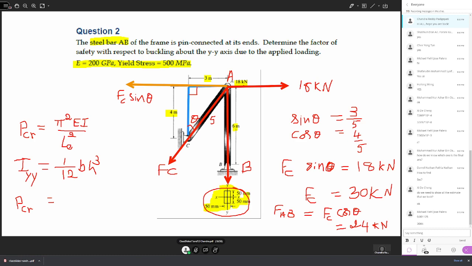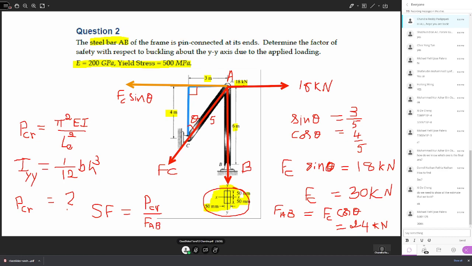So once you know P critical, then you can calculate the safety factor. So the safety factor SF will be your P critical, that means the load at which the column buckles, over the load acting on the steel bar, that is the force AB.